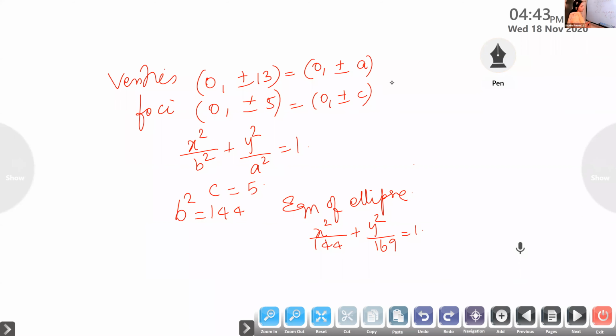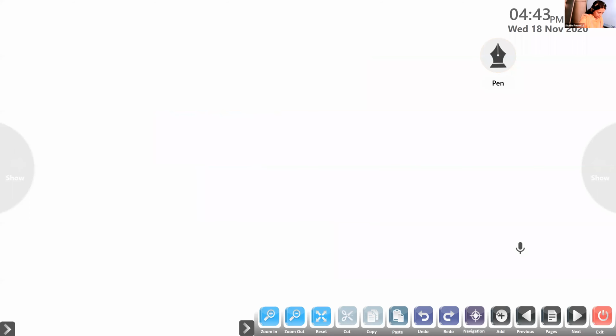Okay, now next question. Annette, you have to give the answer. Be ready. Write the next one, children. Find the equation of the ellipse whose vertices are (0, plus or minus 3) and foci are (0, plus or minus root 5).